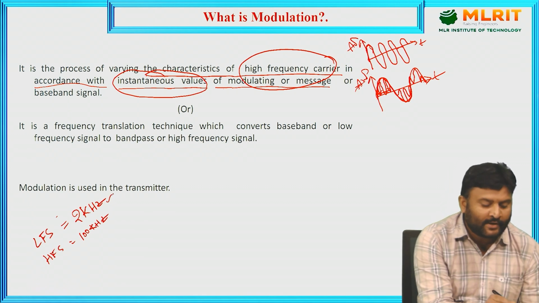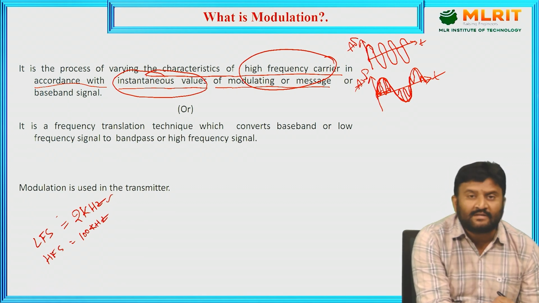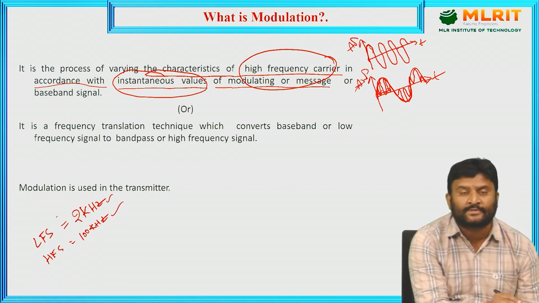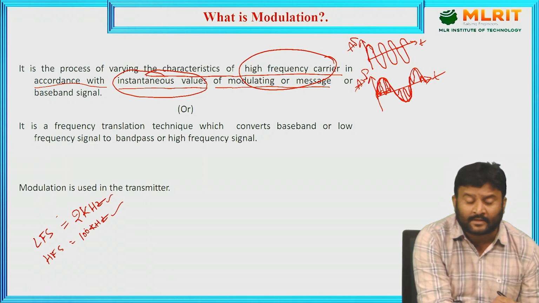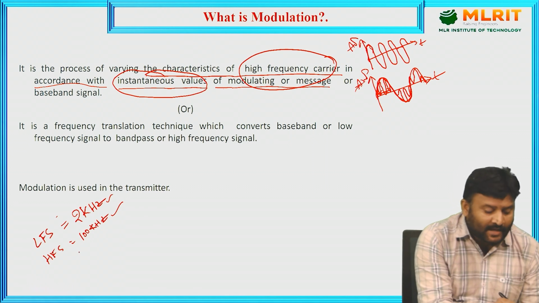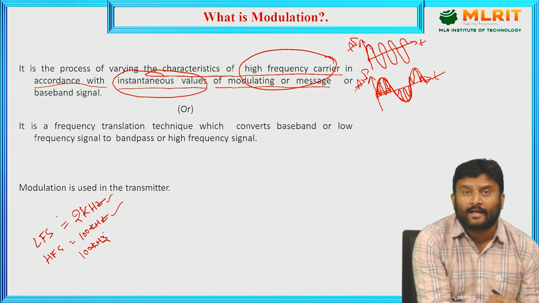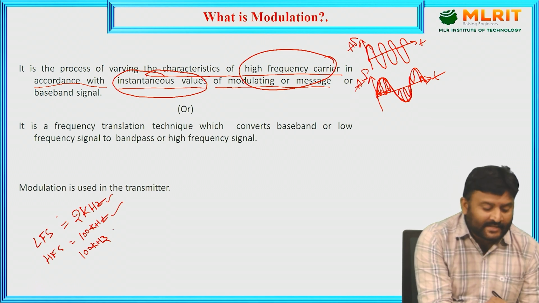It is 2 kHz. What is the high frequency signal? It is 100 kHz. Once you combine them, that is the definition of modulation. What is the definition? The high frequency carrier signal, nothing but the 100 kHz carrier signal, is varied according to instantaneous values of the message signal.